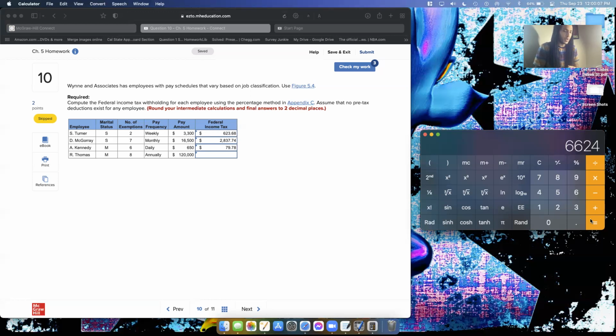So for the fixed portion, if we're looking between 31,200 and 90,750 for somebody that is married and is paid annually, you will see that the fixed portion is $1,940. So if we add $1,940 to this, you will see that the federal income tax for R. Thomas is $8,564.